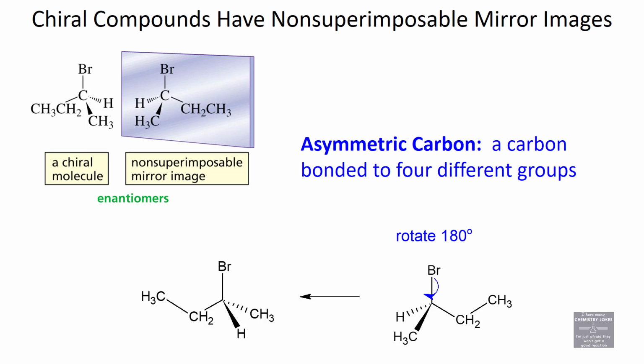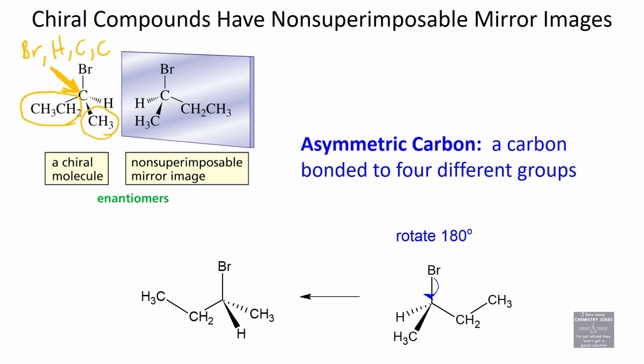So this is my asymmetric carbon, because that carbon is connected to a bromine, a hydrogen, a carbon, and a carbon. Wait, what? If I had a little record, yep, bromine, hydrogen, carbon, and carbon. You said it's bonded to 4 different groups. I did. This is a CH3.